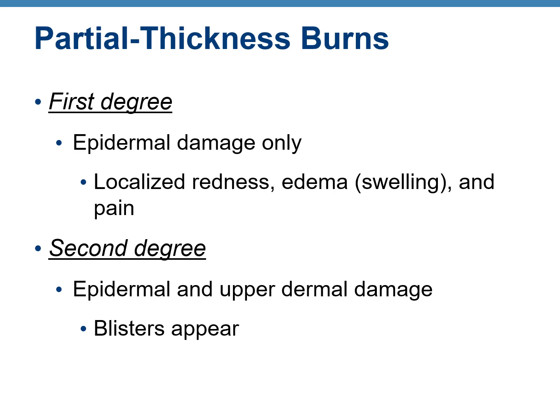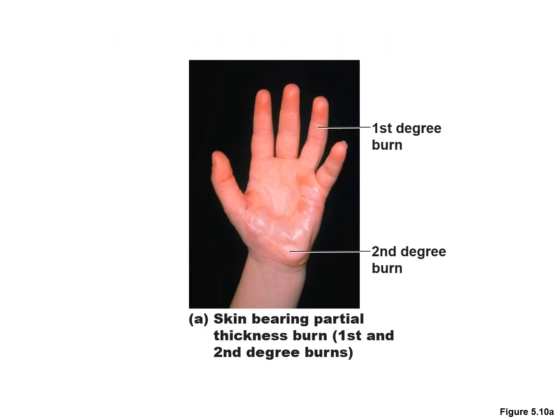This is where blisters are formed. So with second degree, you will see blisters, and it will be a lot of pain as well. On this picture, you can see both first degree burns on the fingers, and on the palm, you see the second degree burn.